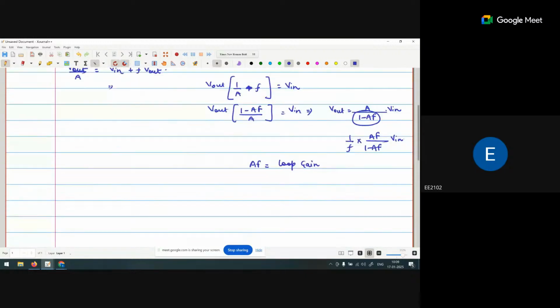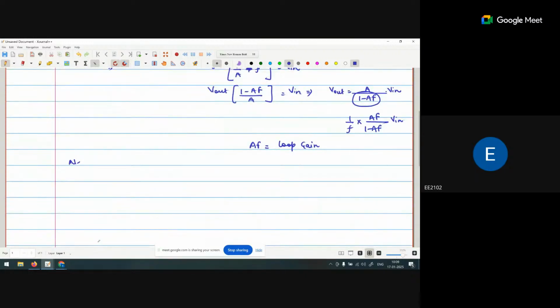Now similarly, if we have a negative feedback, the circuit should be like this: this is A, V out, V in, F. This will be subtracted.